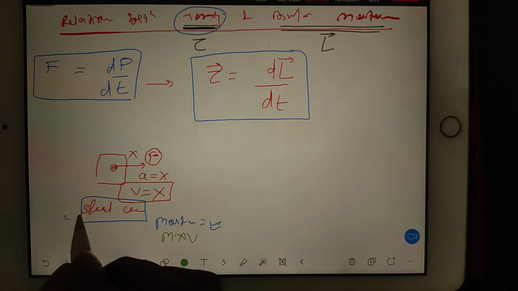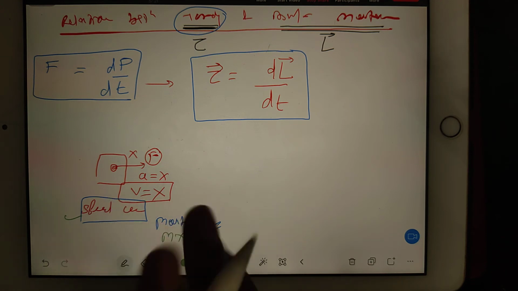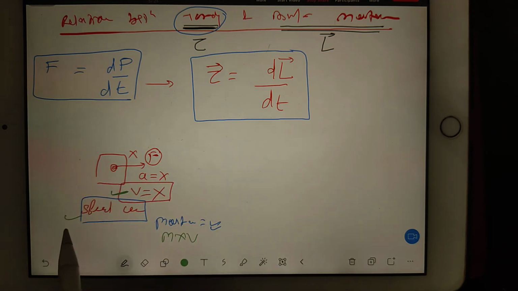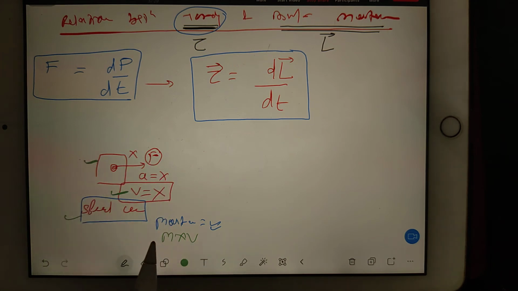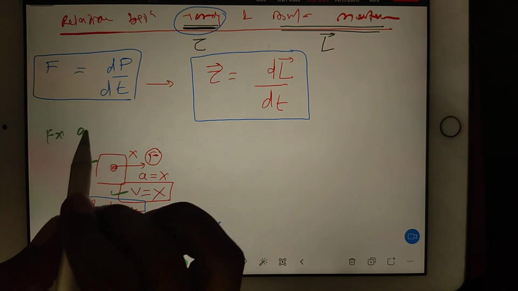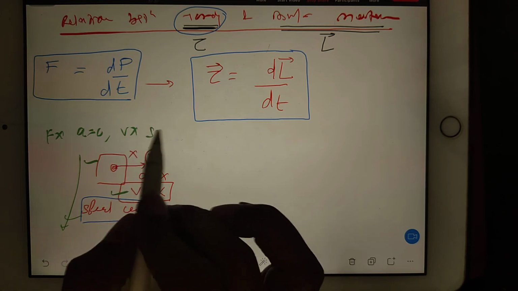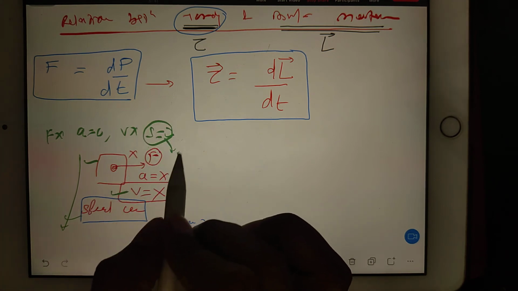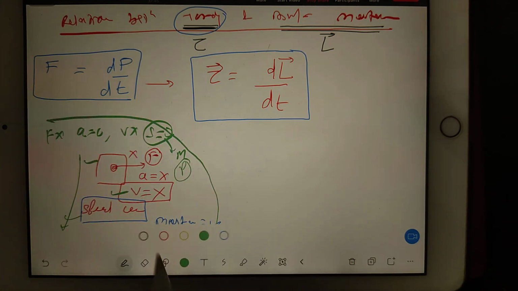This hierarchy is very simple. If force is not acting, acceleration will be 0, velocity will not change, speed will be constant, and momentum will be constant. Now the same logic will apply.